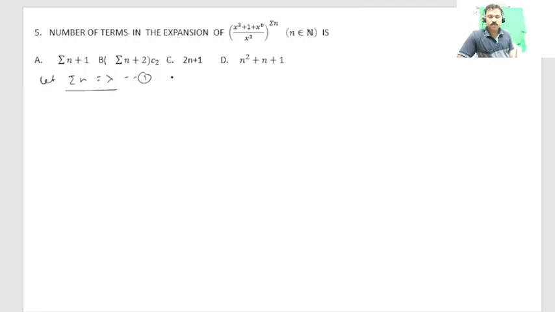Now x cube plus 1 plus x to the power 6 divided by x square whole to the power sigma n, that is whole to the power lambda here.